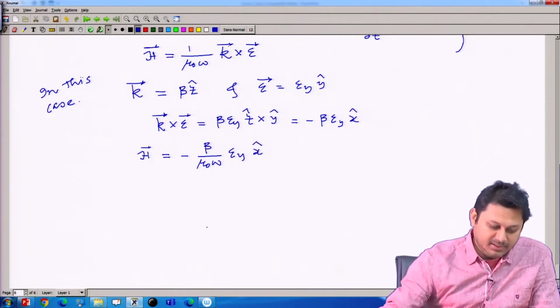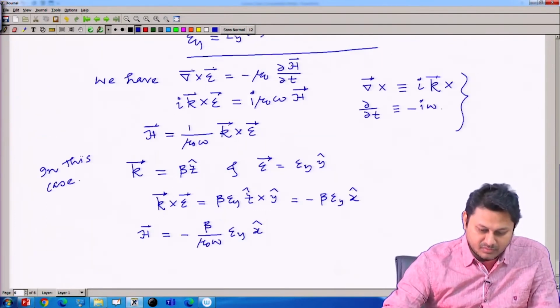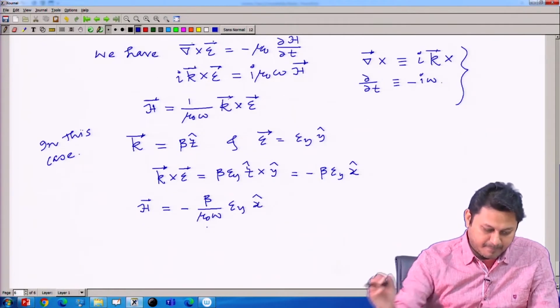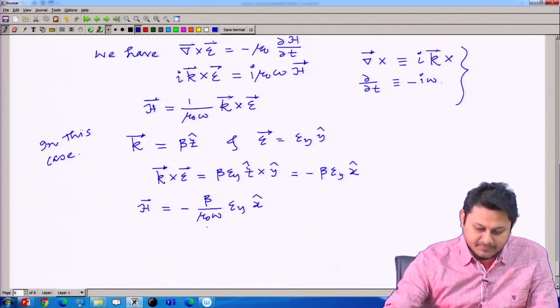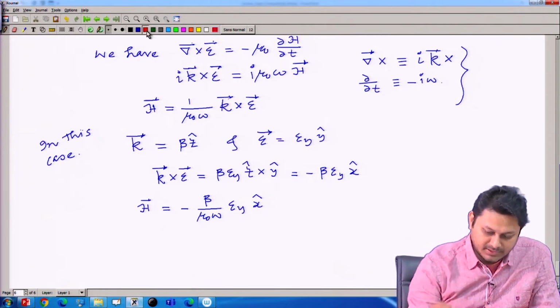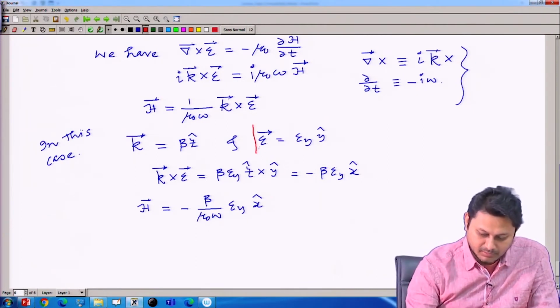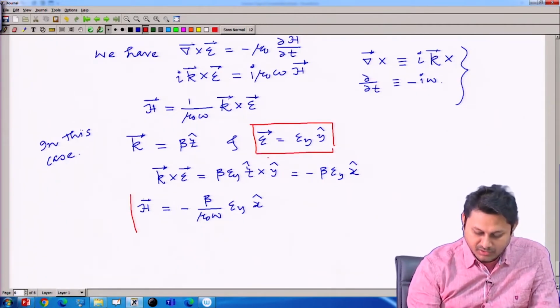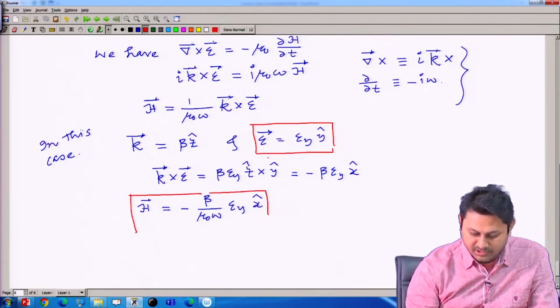So, I have my E, I have my H. So, what is my E? E I already have here for TE mode, and my H I also calculate using the Maxwell's equation in this.